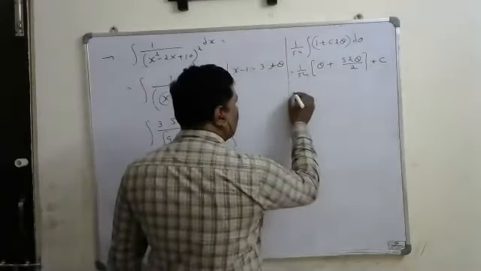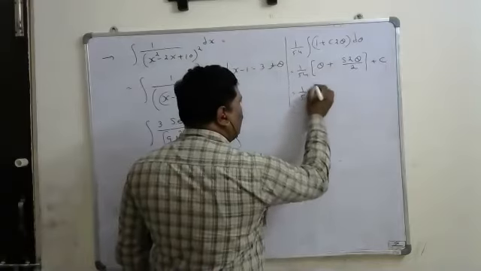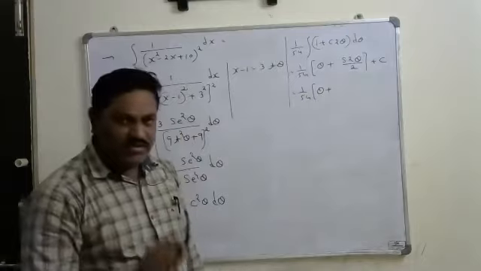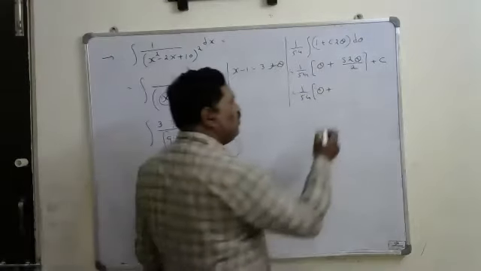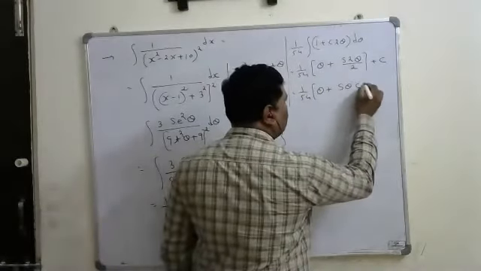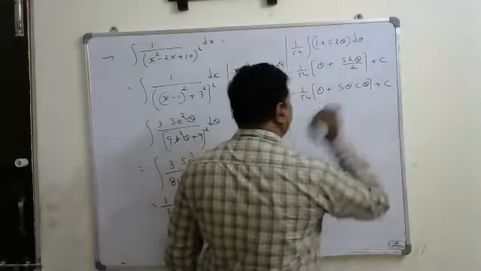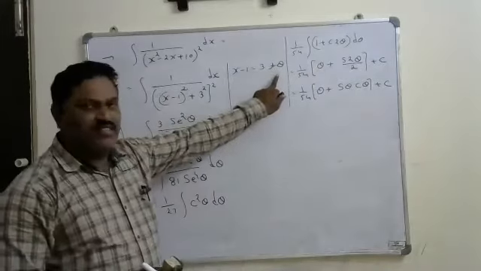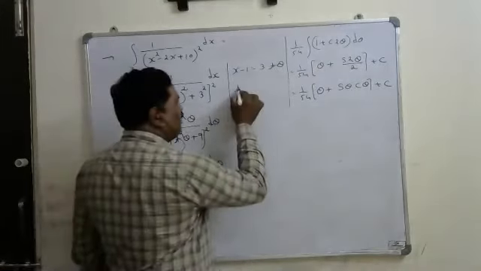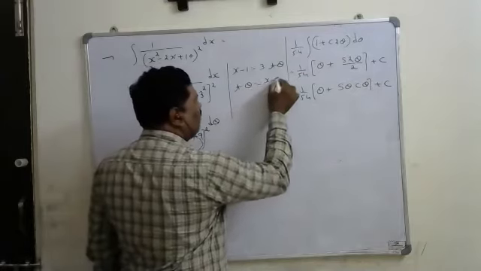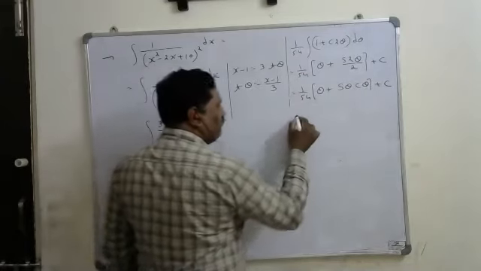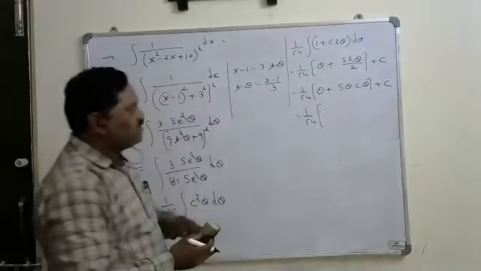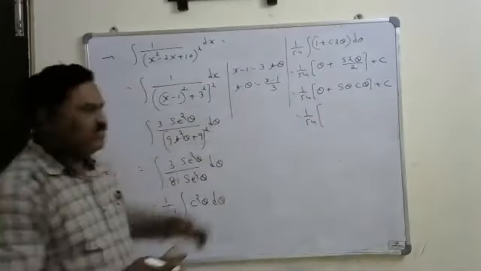So that's why it is 1 by 54 into theta plus sin 2 theta, we can write 2 sin theta cos theta upon 2, which is sin theta into cos theta, plus c. Now from this we have taken that x minus 1 is equal to 3 tan theta. So from this tan theta is equal to x minus 1 by 3. So therefore it is 1 by 54 into theta. Theta means tan inverse of x minus 1 by 3.